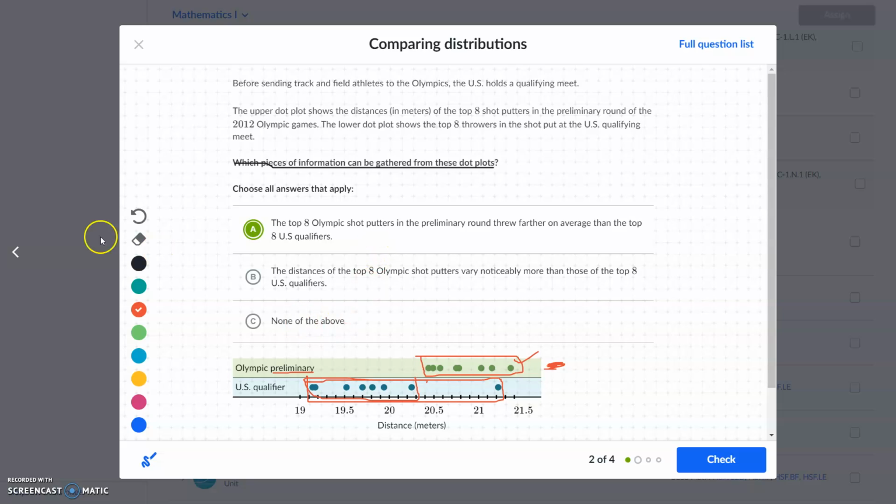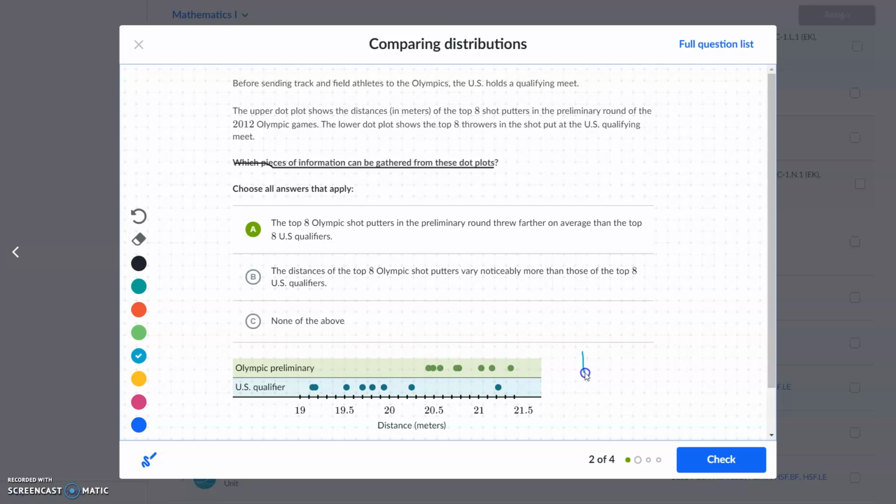Now let's look at B. Let me erase all this so we can write on it again. The distance of the top 8 Olympic shot putters vary noticeably more than the US qualifiers.